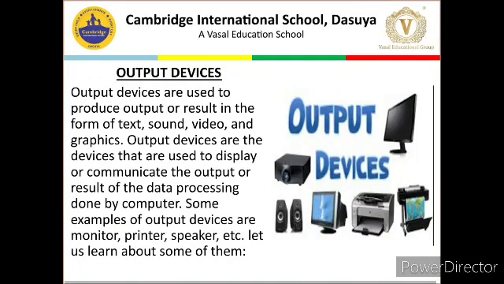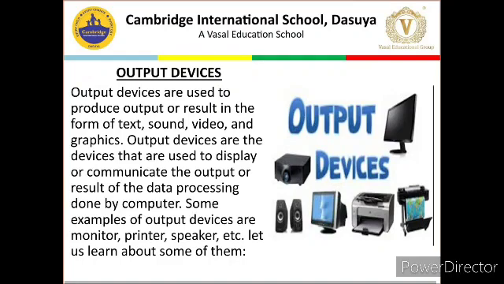Move on to our next category, output devices. Just as there are different types of input devices, there are different output devices to produce output in the form of text, sound, video, and graphics.